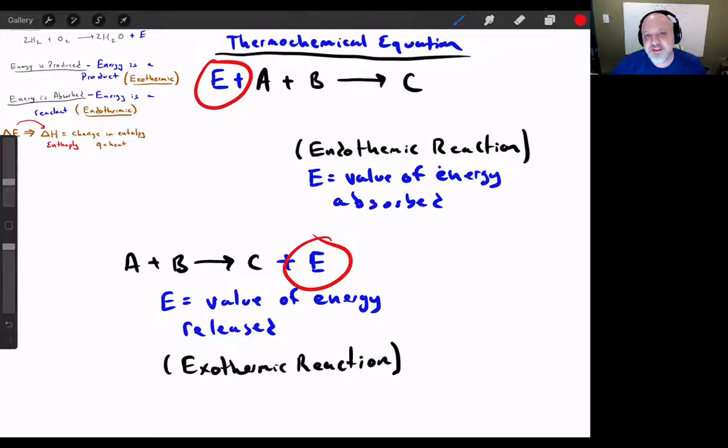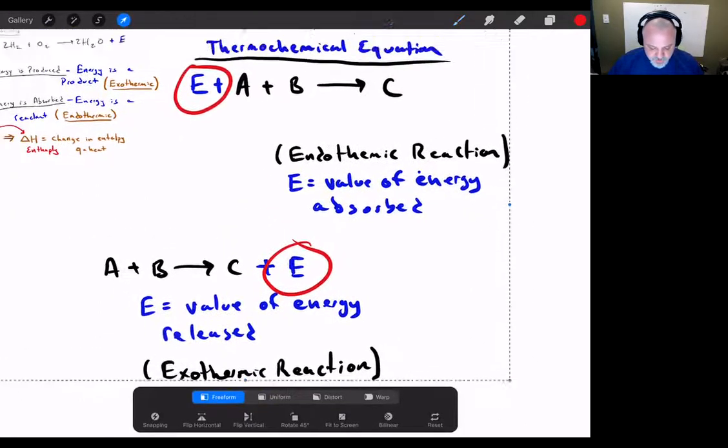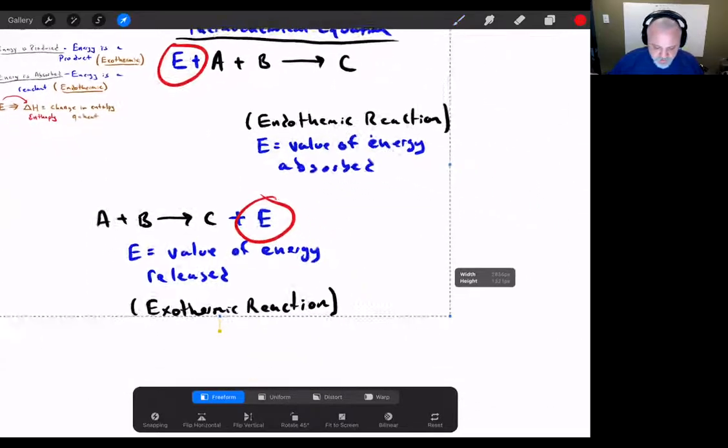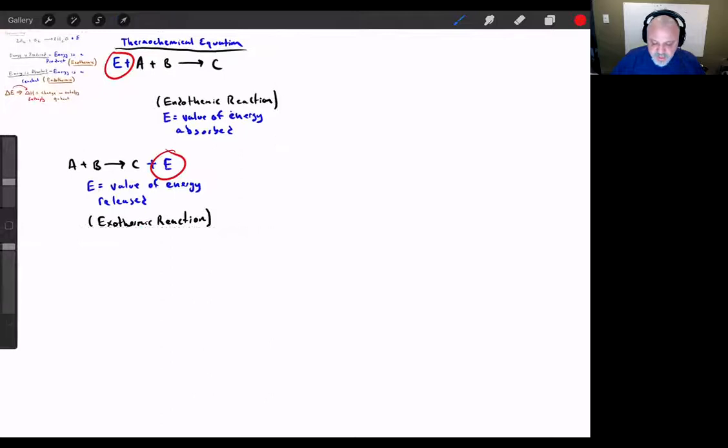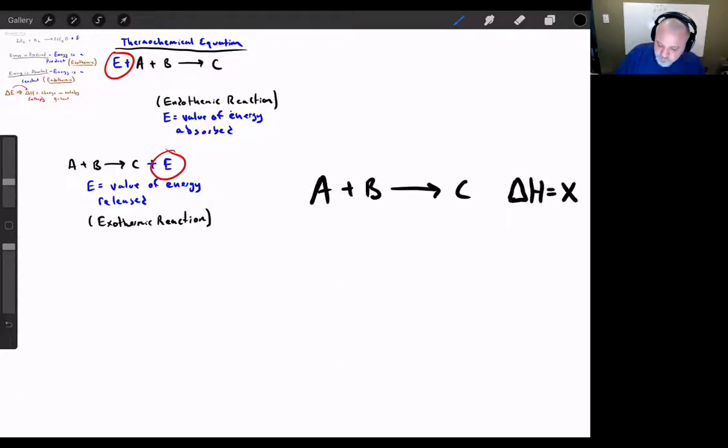This can be a little bit confusing because the other way to write a thermochemical equation involves stating it as a change outside of the equation. So we can say A plus B goes to C, and then I can say delta H equals some number.